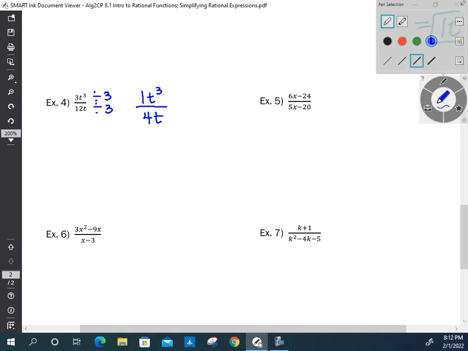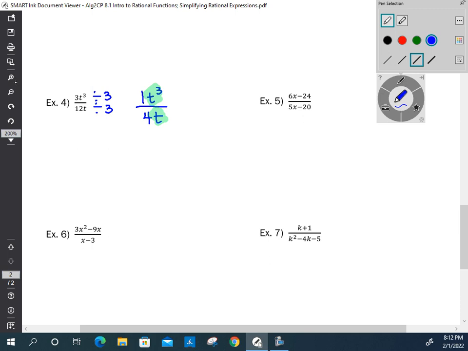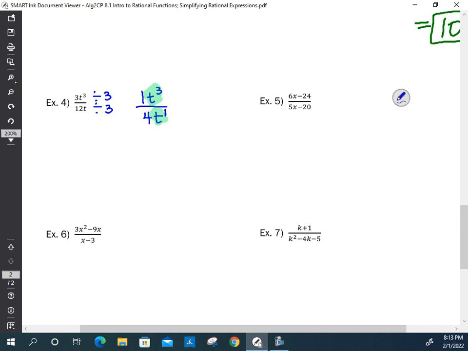But now you have to pay attention to the variables too. T to the third and t. You can divide those out as well. So remember, if it's the same variable, then you can subtract the exponents. So that's t to the third, and this is t to the first. 3 minus 1 is 2. So that's 1t to the second divided by 4. Or you could just write it as t squared divided by 4.